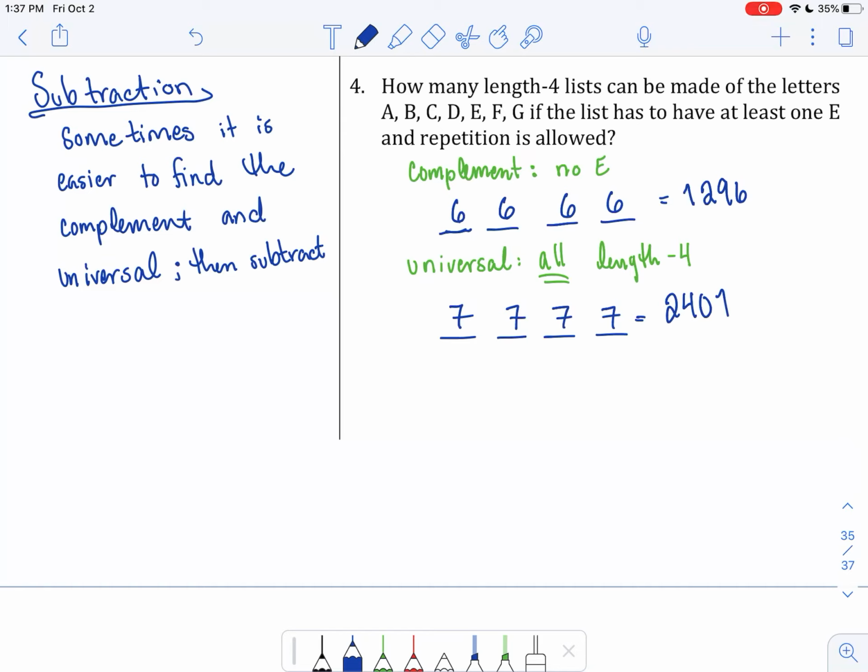And so then to find the ones with at least one E, all we need to do is say, well, I'm going to take the total, which is 2,401, and I'm going to take away all of the ones that don't have any E in them, leaving behind 1,105 that contain at least one E.